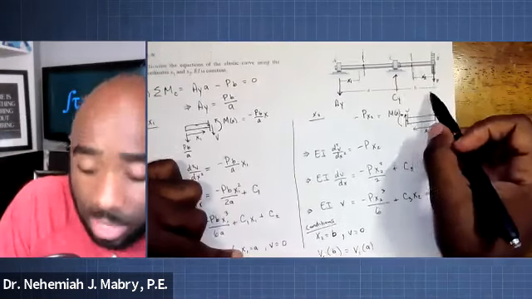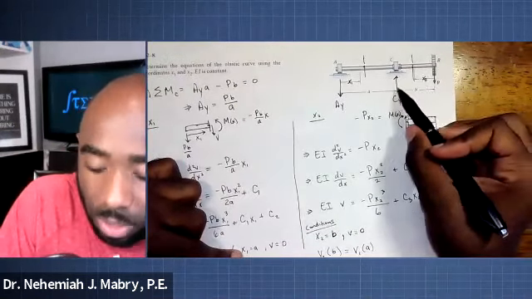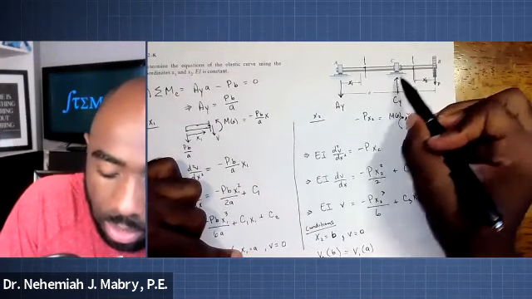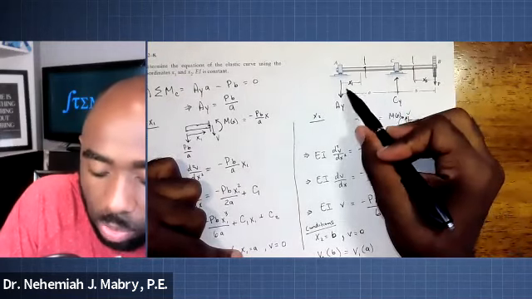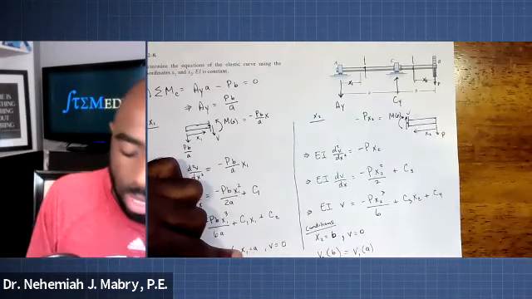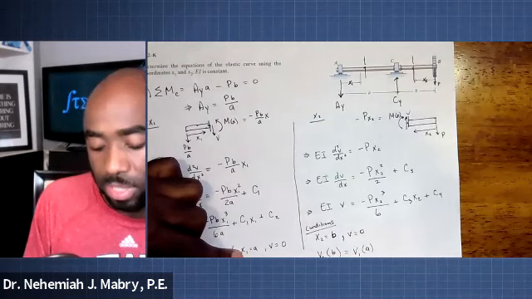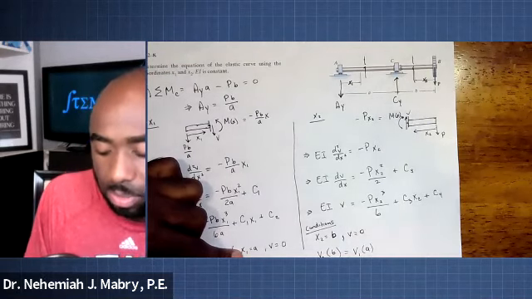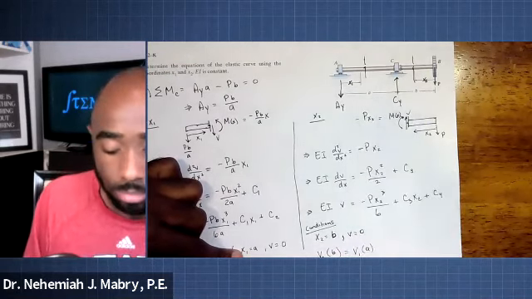What that is saying is that this equation here, when x2 is equal to b, is at the same location as when this equation has x1 equal to a. So this is how we can write it. V2 when x is equal to b is equal to v1 when x1 is equal to a.